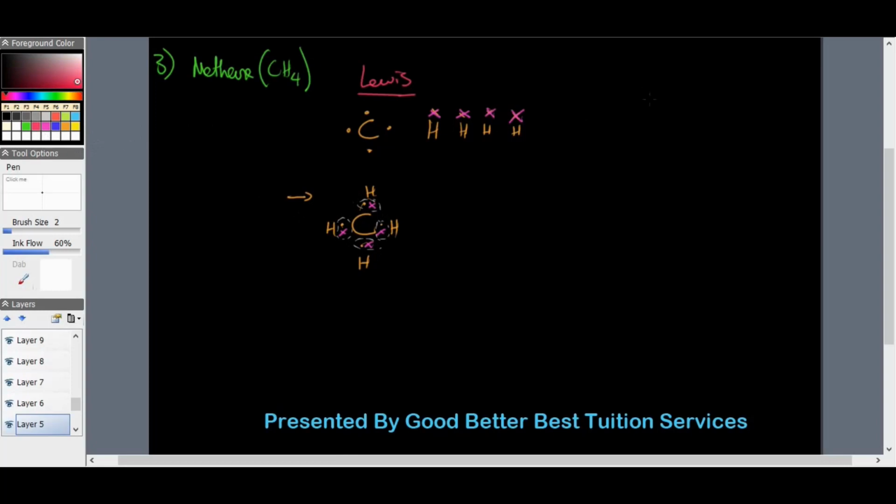And then of course we've got Cooper at the end here, which is very simple. These would just all turn into straight lines, so you'd have hydrogen bonded to your carbon like that, and like that. Cooper structure is used a lot in organic chemistry, which is grade 12.